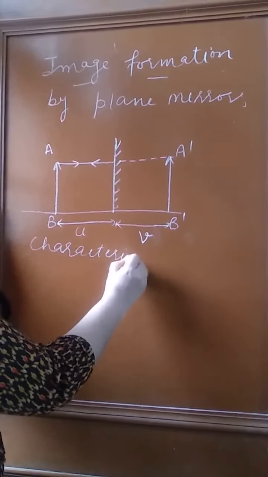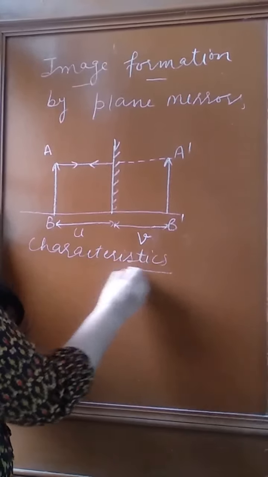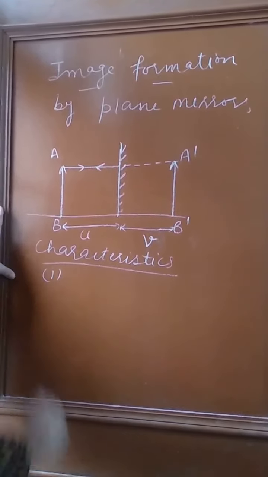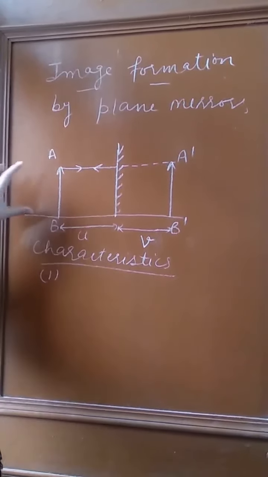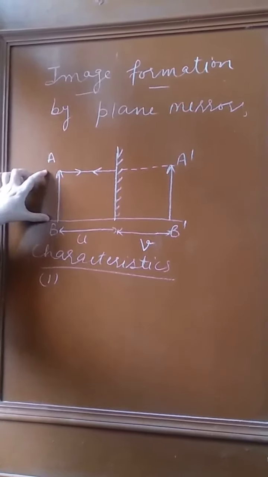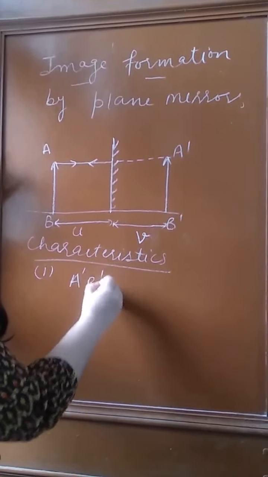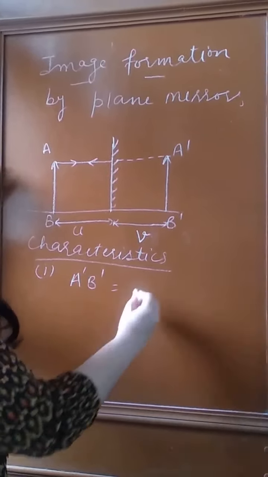Now what are the characteristics of the image formation by plane mirrors? First, the image formed is of the same size as the object, means size of A'B' is equal to size of AB.